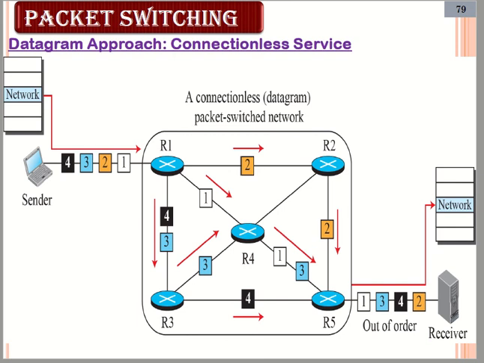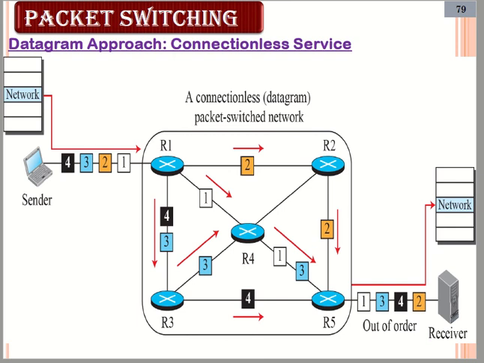This method is called the datagram approach, wherein the given packet will be divided into a small number of packets or frames, and transferred from the source to the destination.